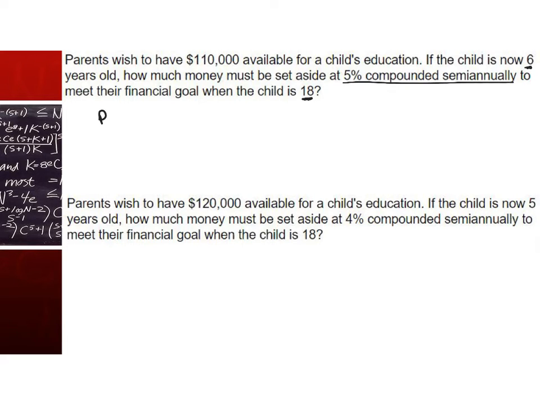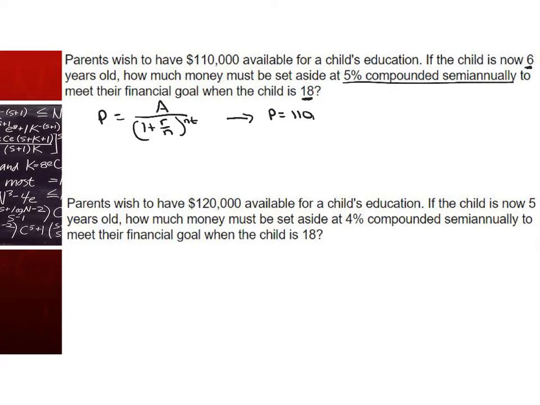And that's the one that says P equals A over 1 plus R, let's write the R up here, R over N to the NT power. So in this case, we want to know how much to put in now, the principal.